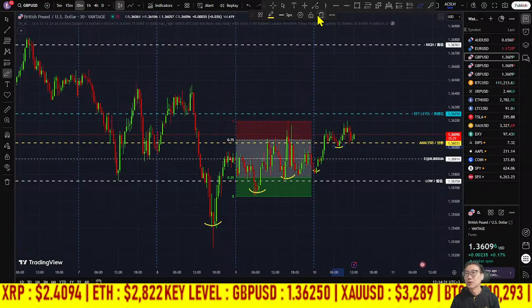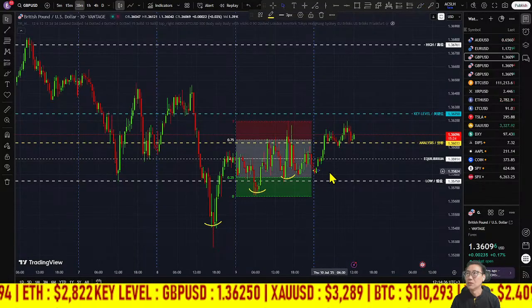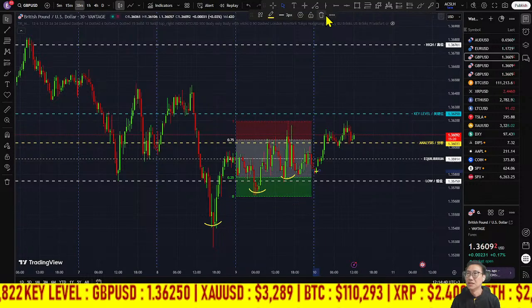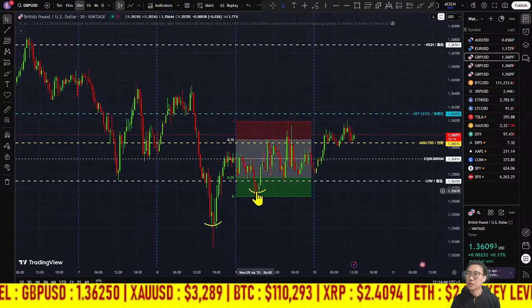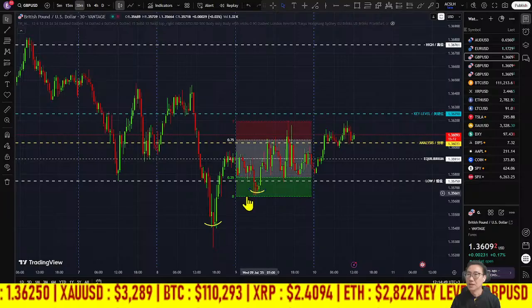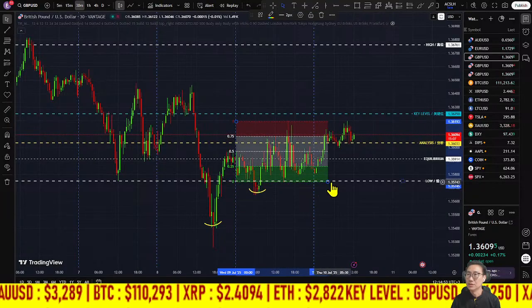It looks pretty good. However, we still don't see any higher high yet. Let's say this is a key crucial area.